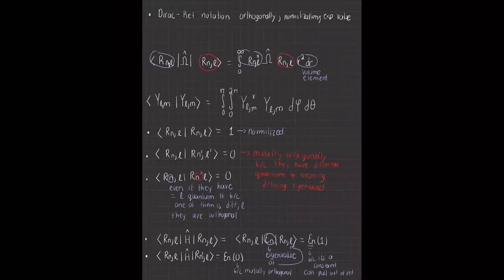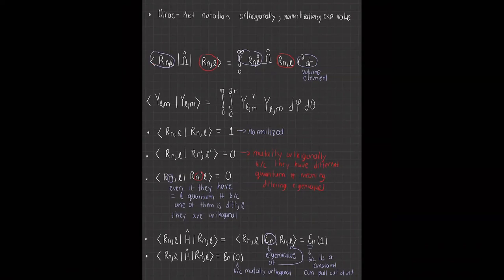Okay, so this is something that's definitely going to be on the exam. It's called Dirac bra-ket notation. Dirac bra-ket notation is just a simpler way of writing integrals, so that you don't have to write a bunch of stuff. Here, this means that there's a complex conjugate, which is right here.